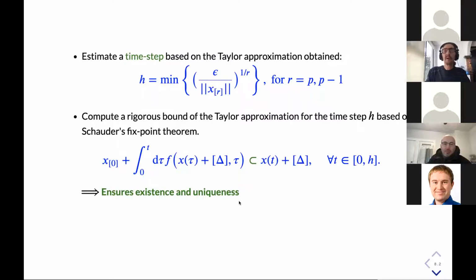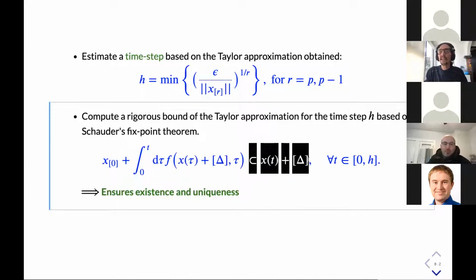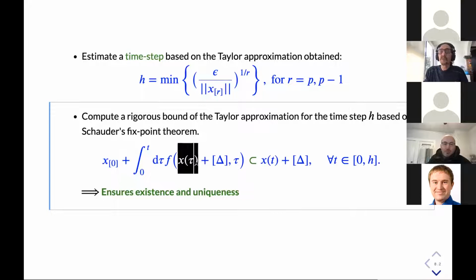And then you come to the last step, which is the crucial one. Benoit was mentioning that there are nice properties if you have some sort of fixed point problem. So this operator on the right of this equation is a linear operator. And the idea is that this is somehow contracting. Contracting means that when you put here a bound, this is contained in the actual thing that you are putting in here.